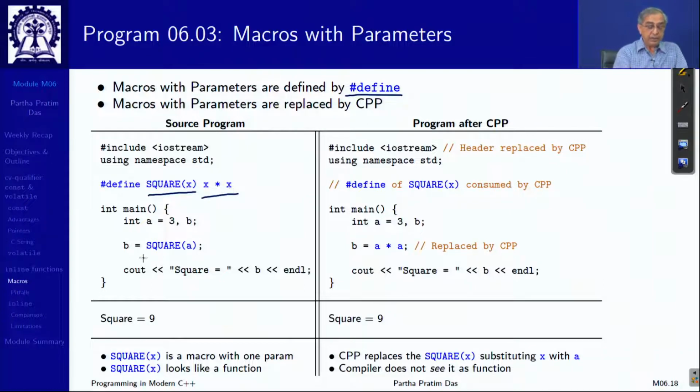When I invoke it, I say square a, it is textually replaced, and in the preprocessor expansion you will get this replaced by a star a, which is a very simple concept and very useful for having compact computations done. I could have used a function also, but a function has a lot more overhead for this multiplication, which is just here in place. So, it gets a lot more efficient.